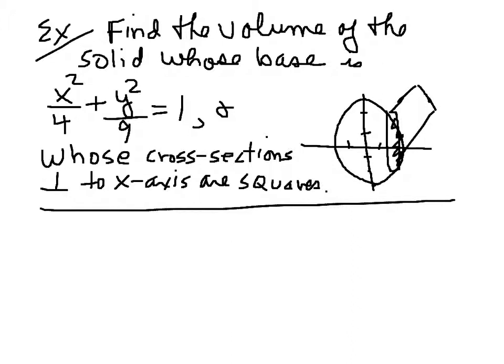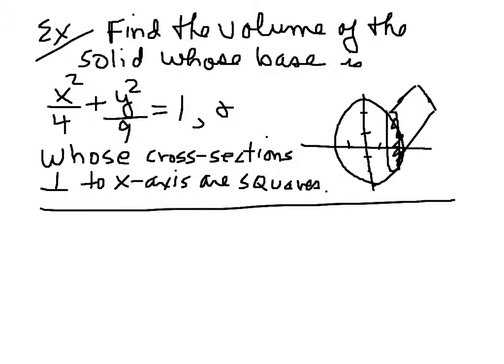Okay, so here's an example, and please excuse the pretty primitive picture, but we want to find the volume of a solid whose base is an ellipse, there it is, and whose cross-sections perpendicular to the x-axis are squares. Might not look like a square, but it's supposed to be a square.